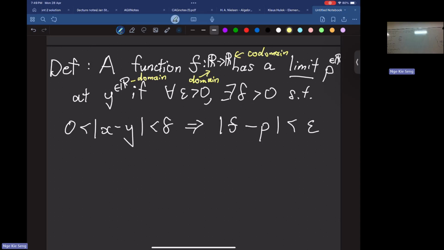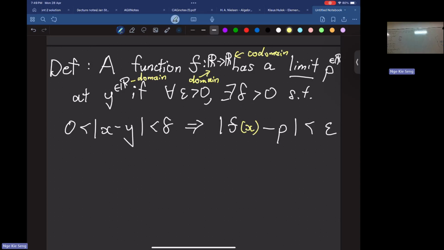Okay or not? So if you know something about the domain, x minus y, you should know something about the codomain, in particular the image. We said the image of f, where the f can map to. So we should put f(x) here. Okay or not? So f(x) is a real number. P is also a real number. Only then can you subtract real numbers.